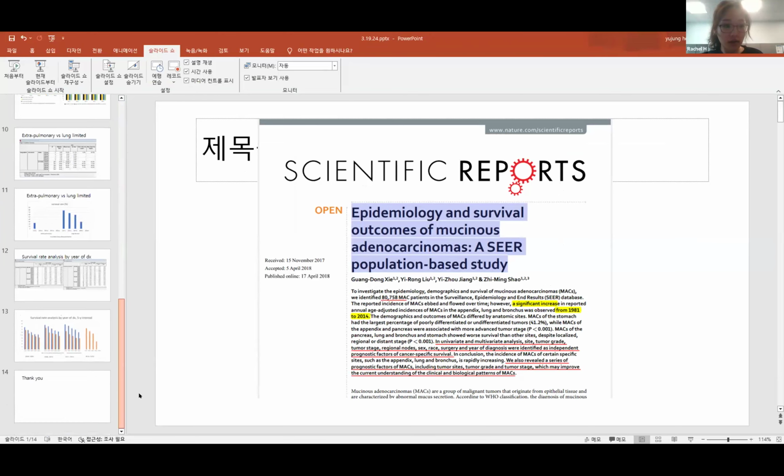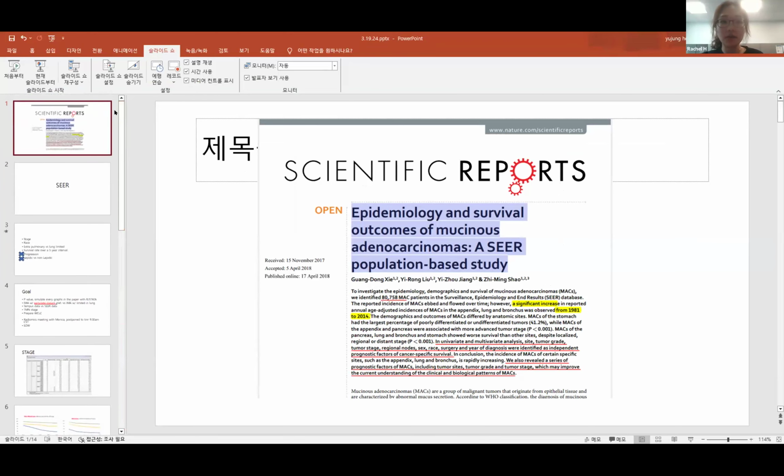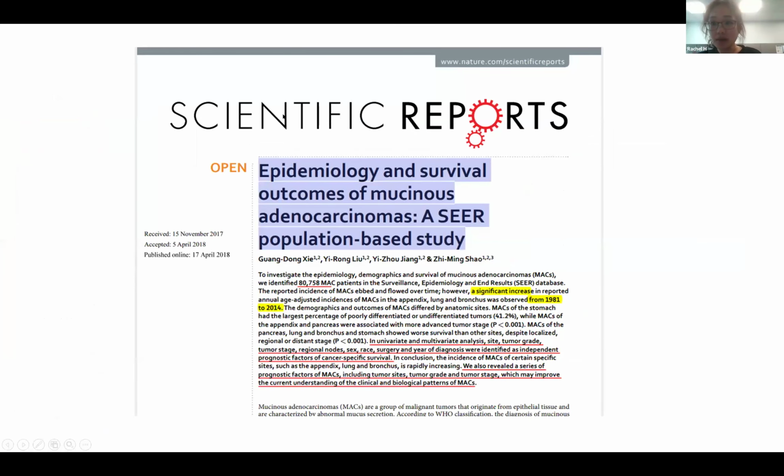That's brief, just to let you guys know what I did. This one is the paper I read since about 10 days ago, 2 weeks ago, and I also mentioned this in the last lab meeting.